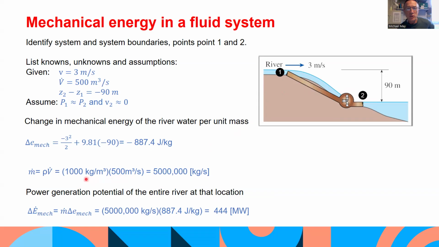We're given the volumetric flow rate of 500 meters cubed per second. We need to convert that into a mass flow rate. So we multiply by the density of water, which is approximately 1,000 kilograms per meter cubed. And we get this value here, 500,000 kilograms per second.